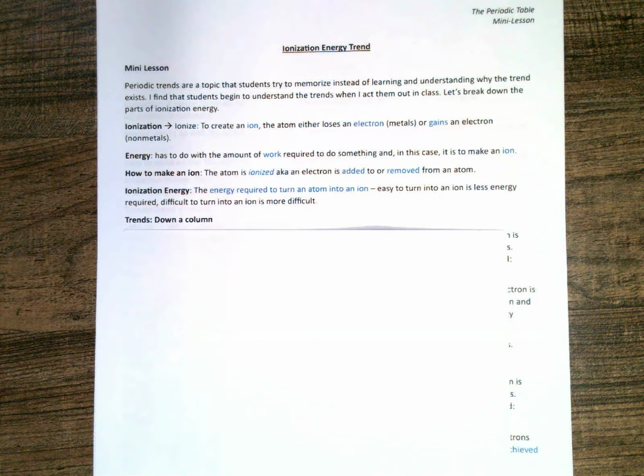Then we go back to, how again do we make an ion? Oh, we add or remove an electron. Okay, so let's put it together, ionization energy: the energy required to turn an atom into an ion. And is it easy to do this? That means it takes less energy. And if it's difficult to do this, it takes more energy.